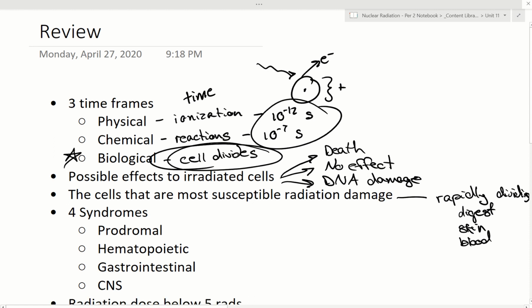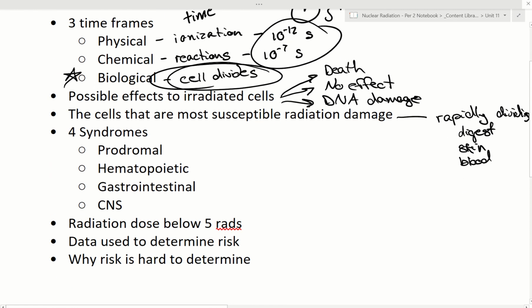We also learned that there's several different syndromes that take place when someone is given a large whole body dose, and so these are acute radiation syndromes. And so the prodromal is a general insult, and that general insult takes place above 1,000 rads.